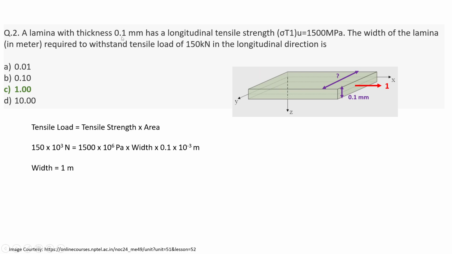So the thickness is given 0.1 mm. We will convert it into meter, that is 0.1 into 10 to the power minus 3, and the width is what is not known to us. We have to find it out. So area here is the cross section area.